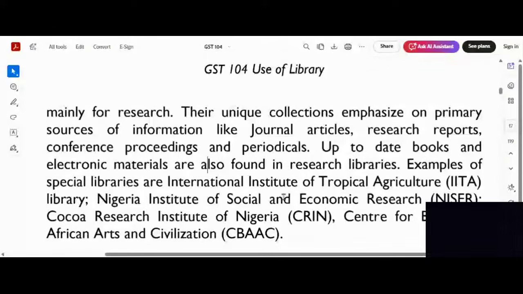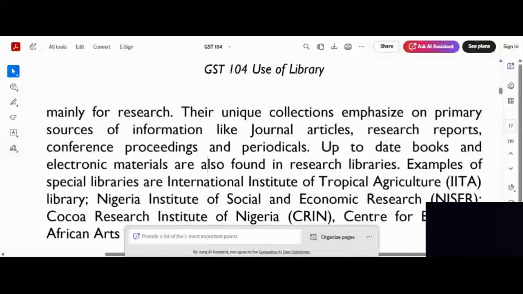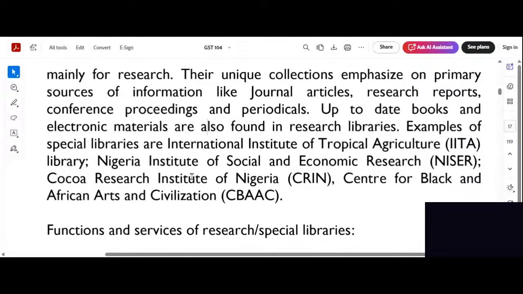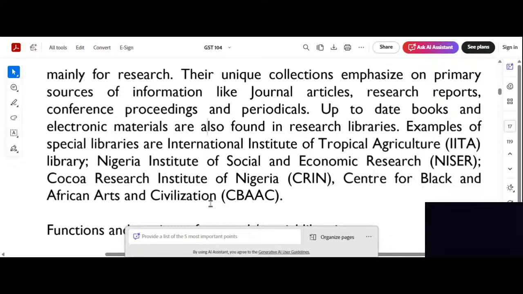Examples of special library: National Institute of Tropical Agriculture (IITA) Library, Nigerian Institute of Social and Economic Research (NISER), CREAN, that one is even in Ibadan, Center for Black and African Arts and Civilization (CBAC).